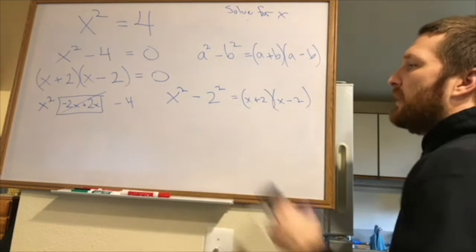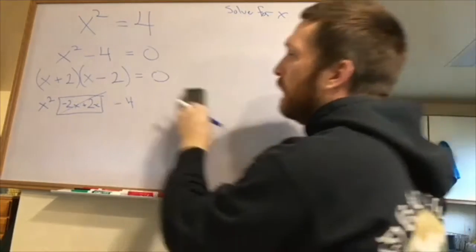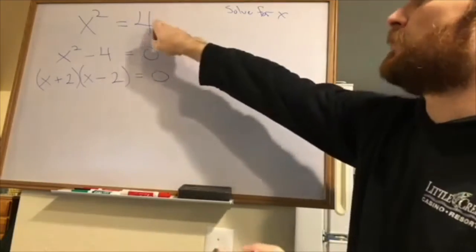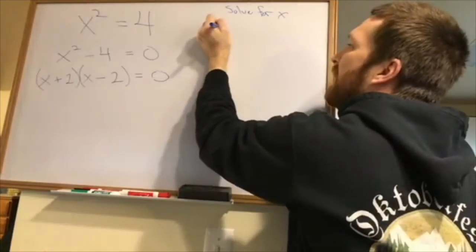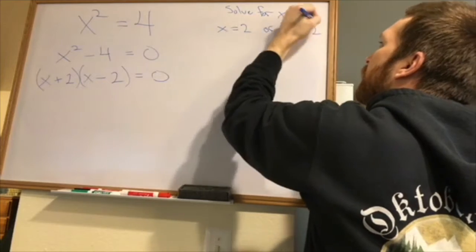So, how do we link this back into what we're talking about for today? We already did this from the very beginning. That was an easy one to see, that it's either x equals 2 or x equals negative 2.